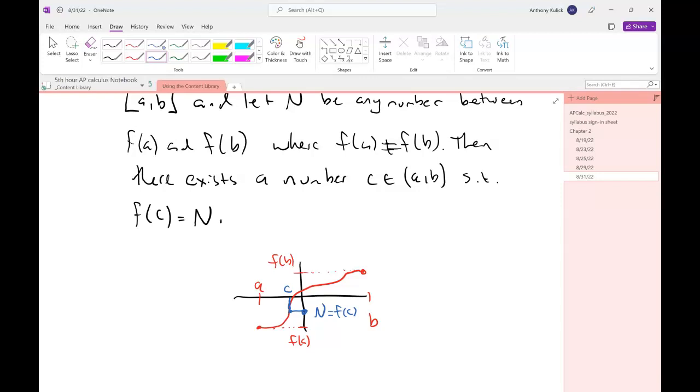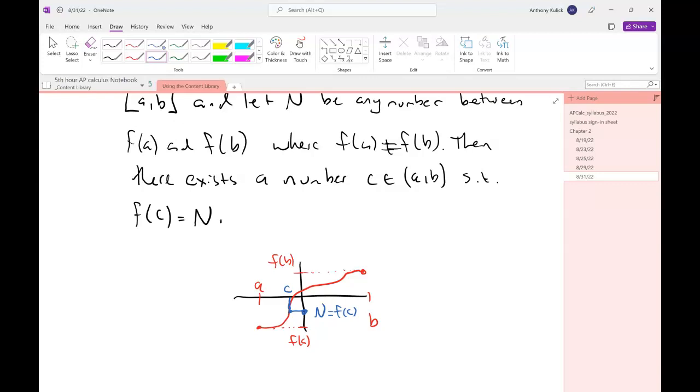If you have a continuous function that has outputs between two values, you should be able to pick a value in between those two outputs and find an x that goes to it. Of course you should. Everybody agree? It's very obvious when you draw the picture.